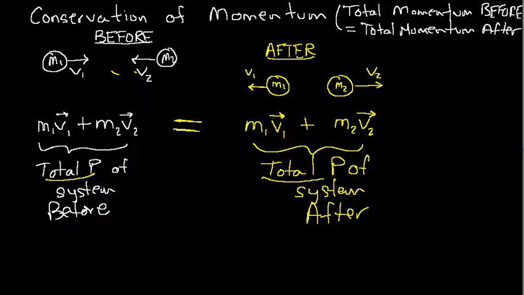You're adding up all the individual momenta of each object, and when you add them up vectorially, they will be equal before and after the collision. So let's see if we can see why this is so.